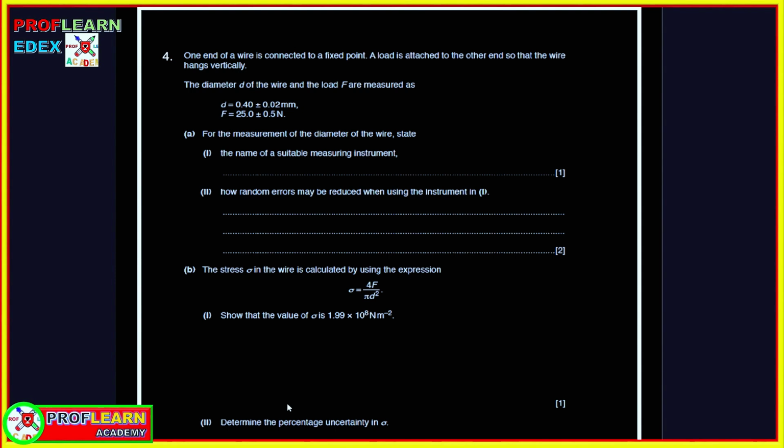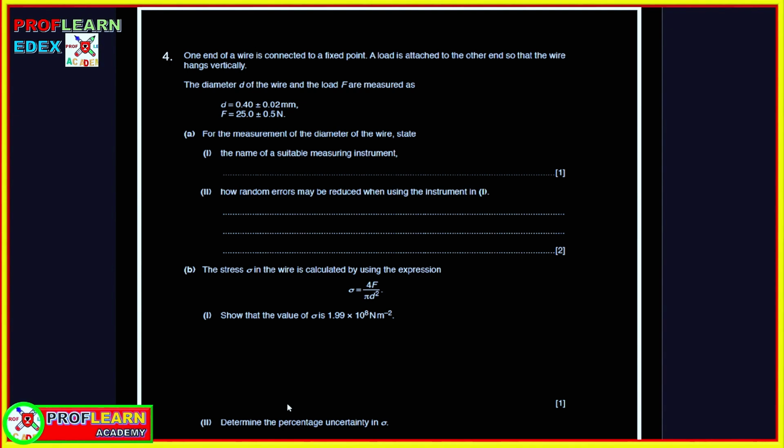The diameter of the wire D and the force F are measured as D equals 0.4 plus or minus 0.02 millimeters. That is the absolute uncertainty. F has an absolute uncertainty of plus or minus 0.5 newtons.